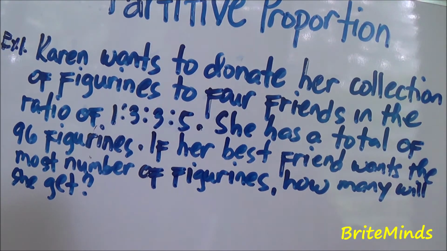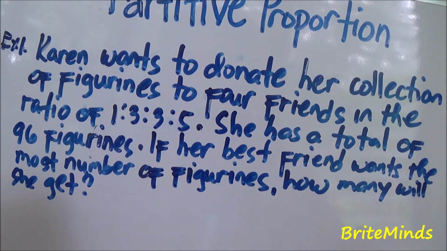It says that Karen has a total of 96 figurines, which she wants to donate to her 4 friends, and these 4 friends will receive the figurines in the ratio of 1:3:3:5.